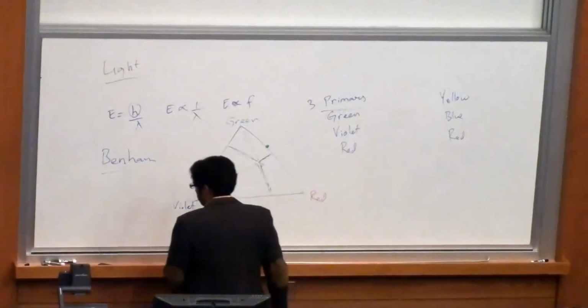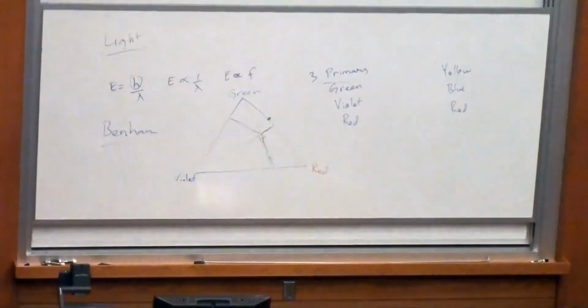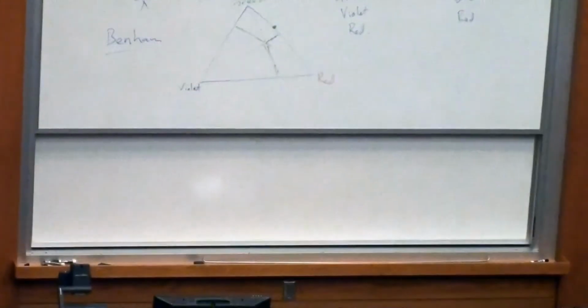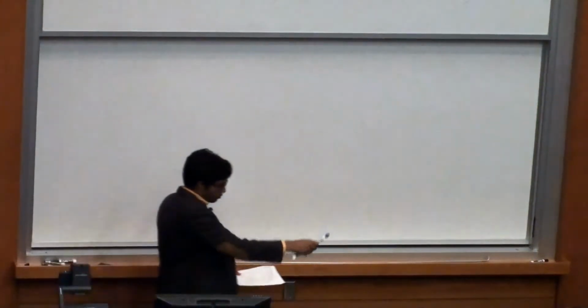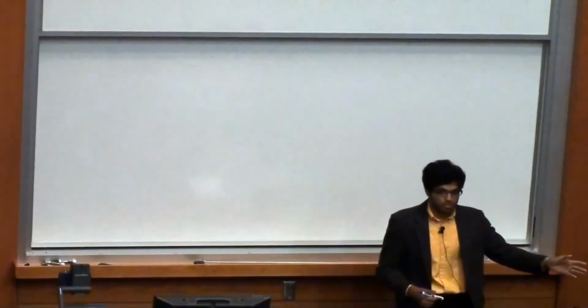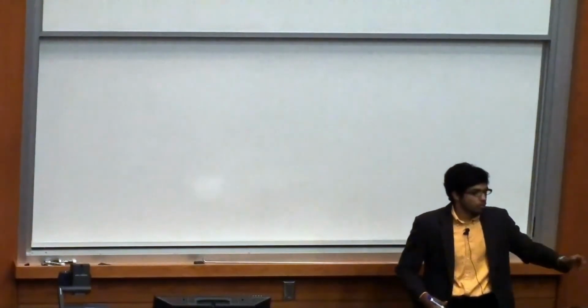Now let's revisit polarization, which is, in my opinion, a more interesting topic that hopefully won't put you to sleep. We discussed that electromagnetic waves can be polarized in a certain direction. We saw that when I flipped this over, I got a certain direction of polarization as opposed to the other way.